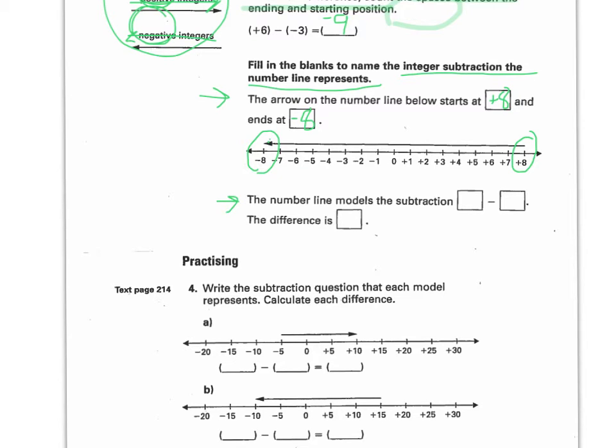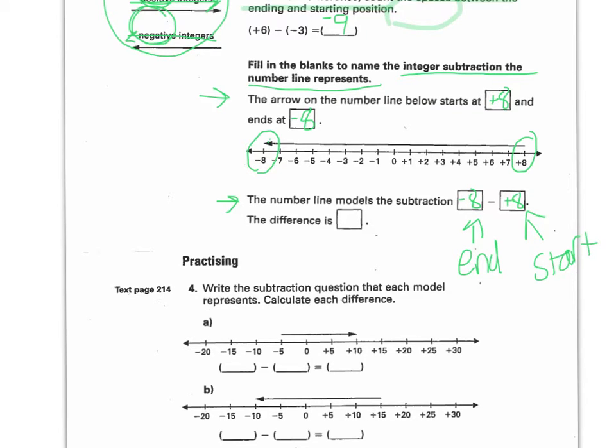First, I need to write down my subtraction sentence. Ending number goes here. The starting number goes here. It starts at +8, ends at -8. I need to find the difference.